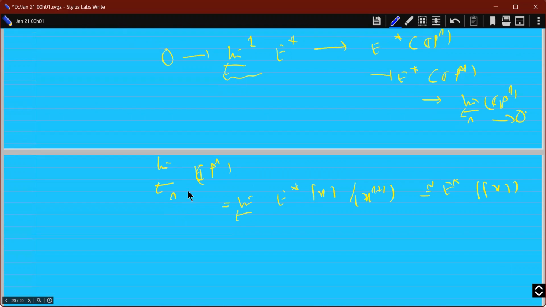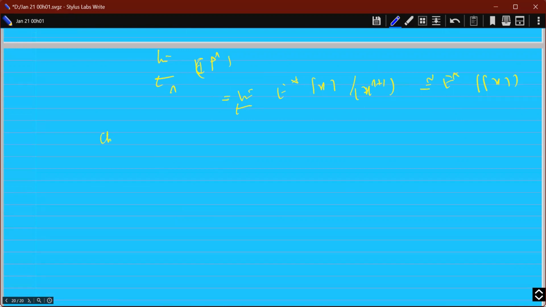Okay, so now let me define Chern classes. Maybe a construction first: a line bundle. If we take a line bundle, it is classified by this one, right?